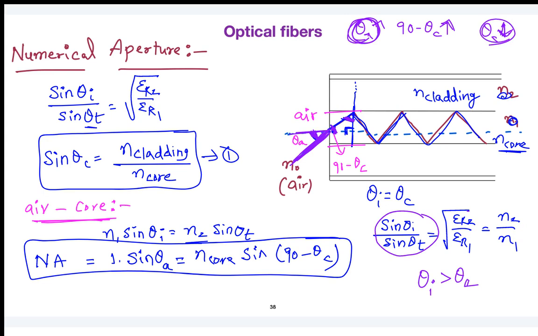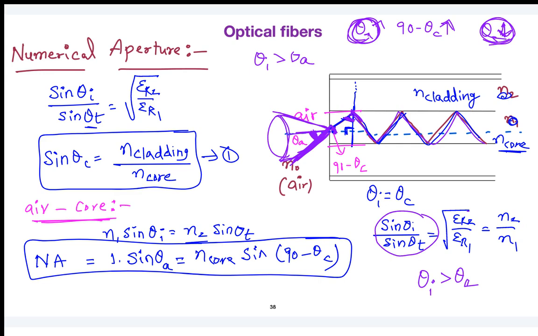If you form a cone with a maximum acceptance angle of theta a, what it represents is that when any frequency falls within this acceptance angle, only then does total internal reflection take place. If any frequency enters with more than the acceptance angle, the angle of incidence you are going to get is lesser than the critical angle, so it cannot propagate.